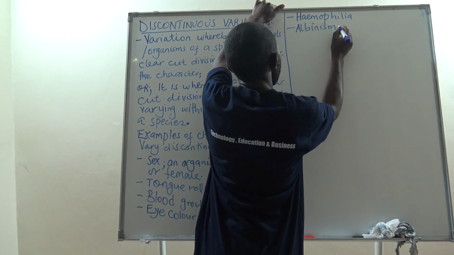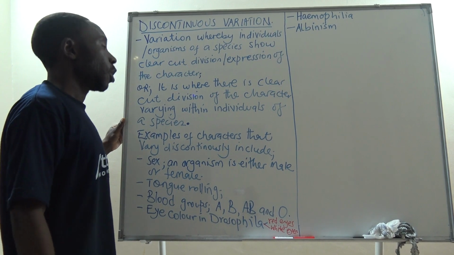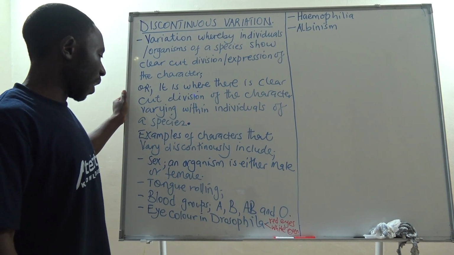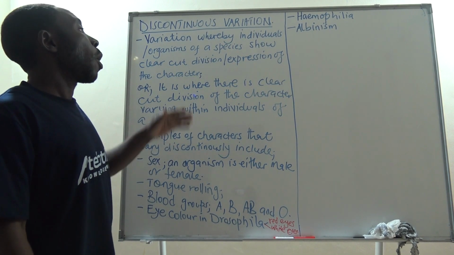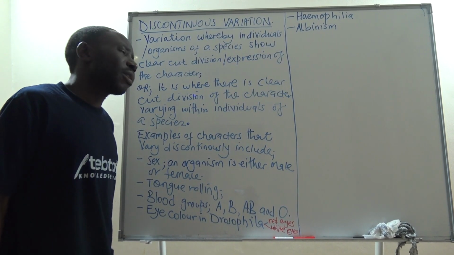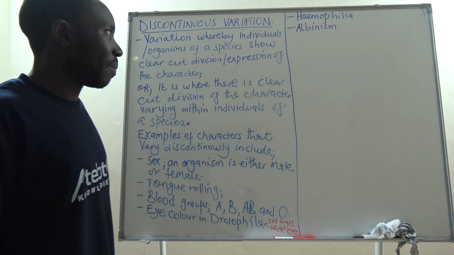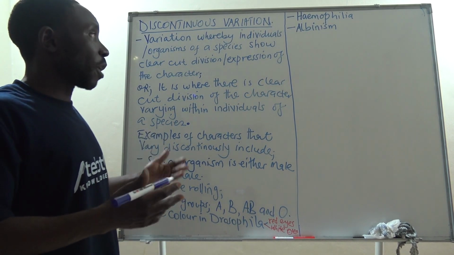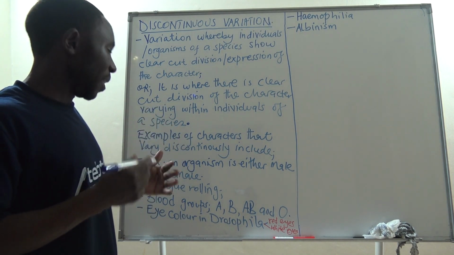One can be an albino. Okay? Albinism is also an example of a character which varies discontinuously. Previously we discussed hemophilia and then albinism, so I believe that one is not a challenge now. You know what they mean.